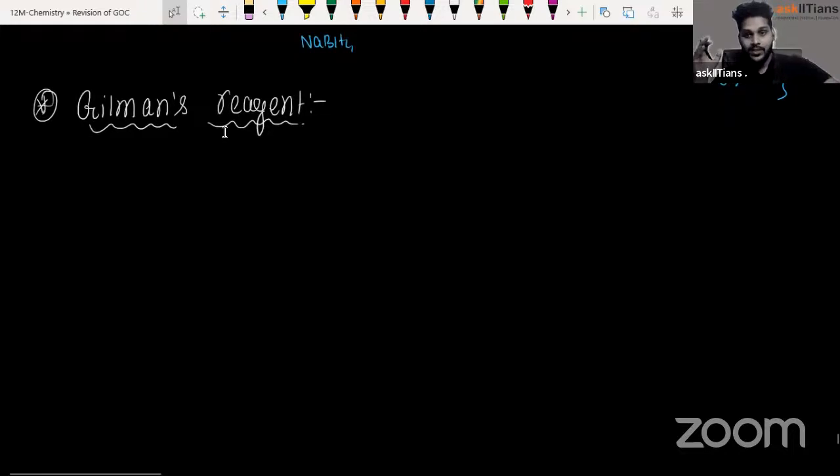Now, Gilman's reagent. Have you ever heard about this? No, right? This is another thing that is there in the NCERT, but just the name is not given. Gilman's reagent is an organometallic compound, just like Grignard.